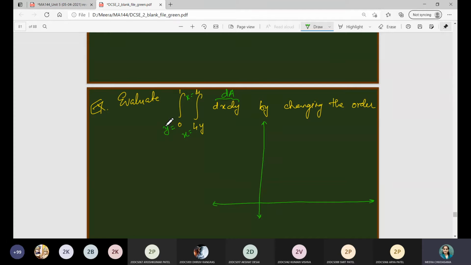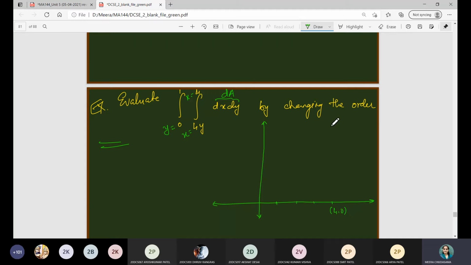It means that the strip we are going to consider will be perpendicular to the y axis, right? So the original strip will be horizontal in nature. Now x is equal to 4y, x is equal to 4. So let me consider 1, 2, 3 and 4. This is the point 4 comma 0.